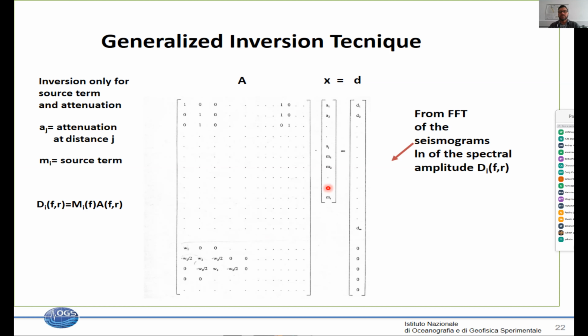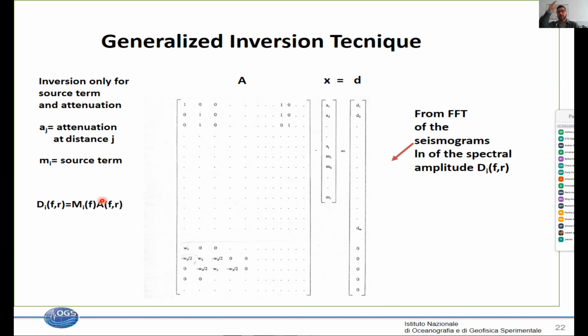So if here we focus only on the attenuation term and the source term, we avoid considering site effects, or we consider that the term M includes the source and the site. D of E is our seismogram, or better, the Fourier spectrum of a seismogram that I record at a certain distance, which is the multiplication of this term, including source and site, by the attenuation function, the function describing my propagation.